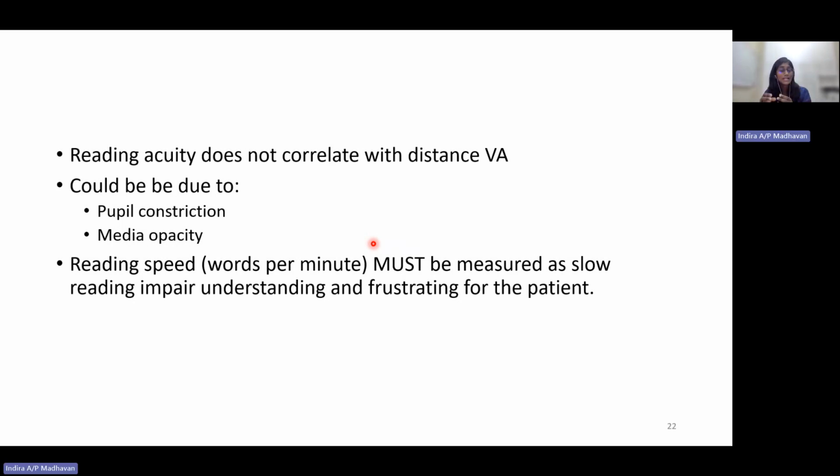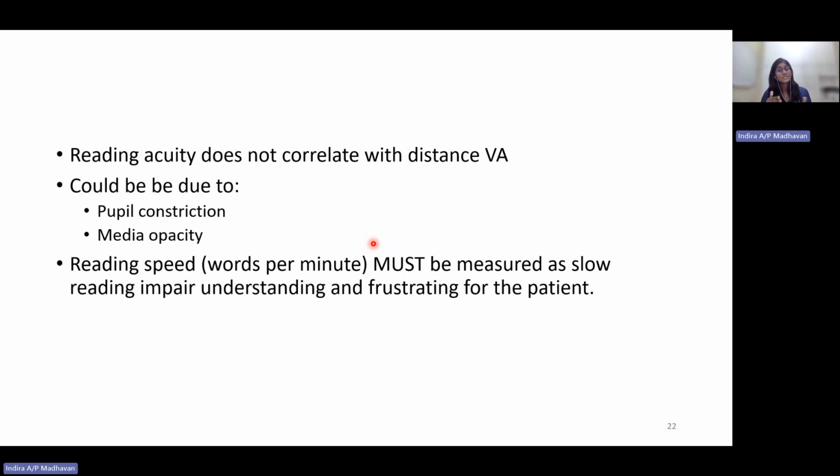So that is the reason why we have to do a reading speed measurement, to find out whether the patient will be comfortable using this magnifier in future. If the reading speed drops a lot, then we need to consider whether to prescribe this device or not. Or maybe we can think of some other devices.